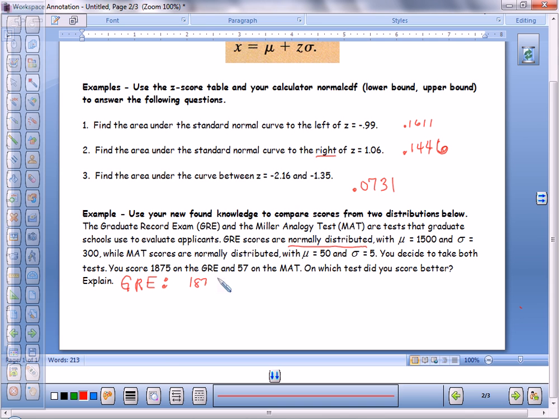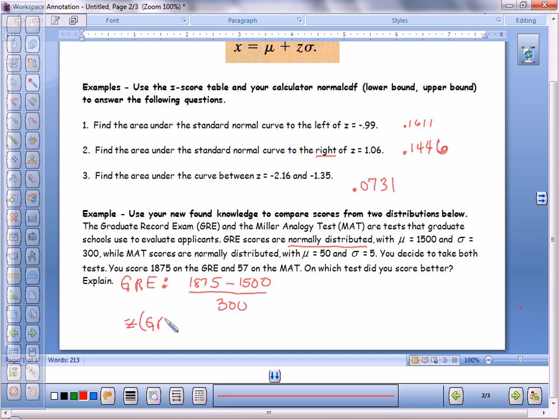The standard deviation of this one was 300. So our z-score for the GRE is a positive 1.25.